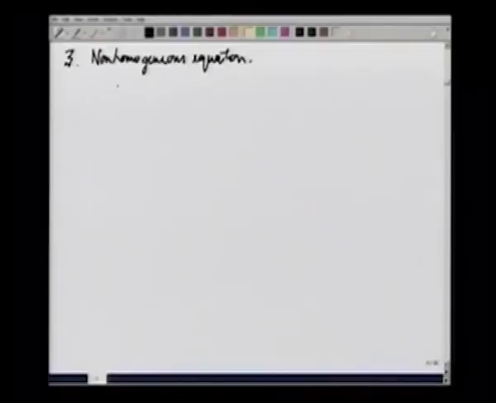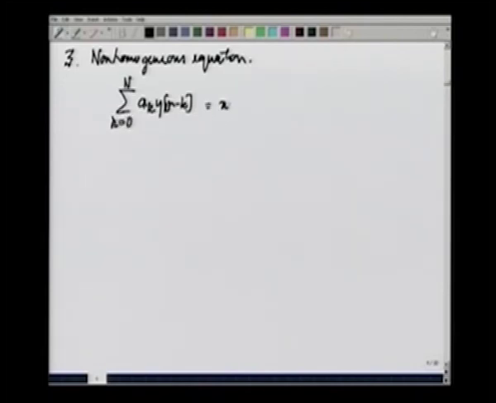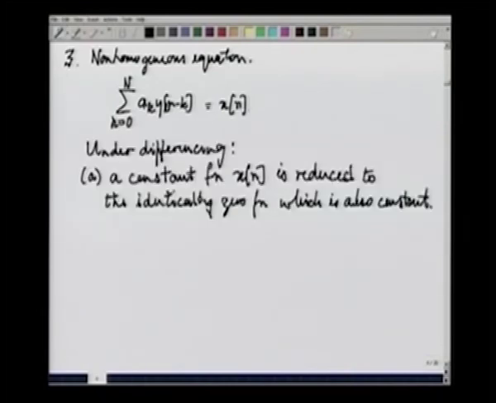So, the non-homogeneous equation is of the form sum of a_k y[n minus k], k going from 0 to n, equals x[n]. Well, under differencing, a constant function x[n] is reduced to the identically 0 function, which you can just call 0[n] if you like, which is just the sequence 0 0 0 0, which is also a constant function.